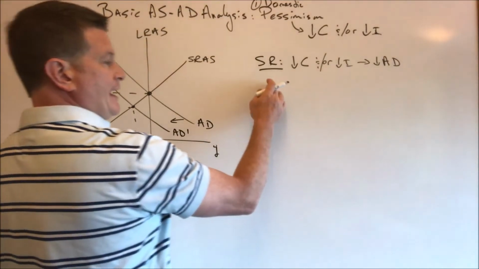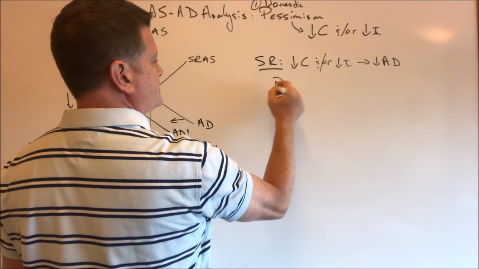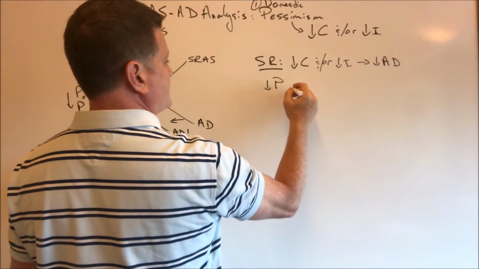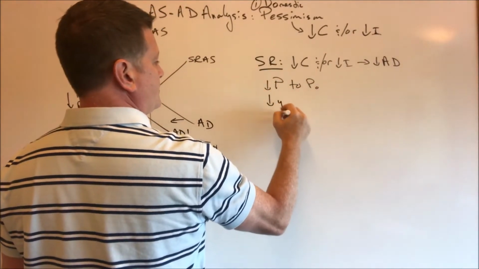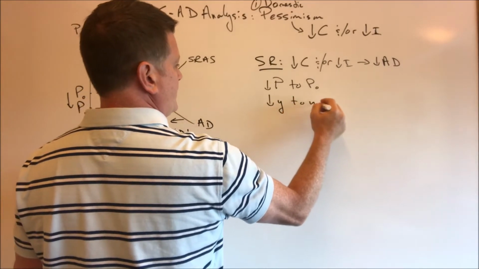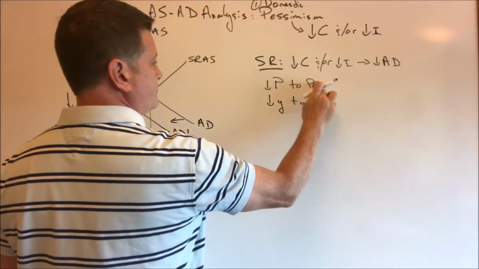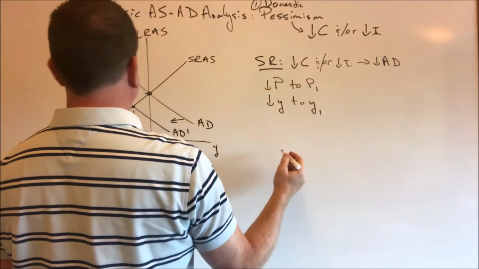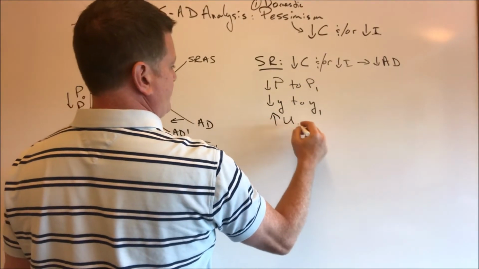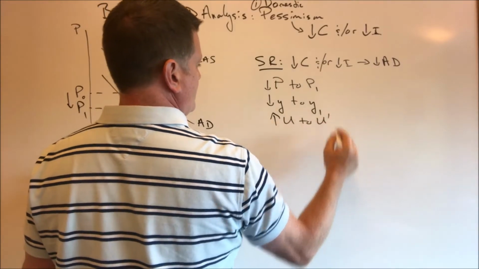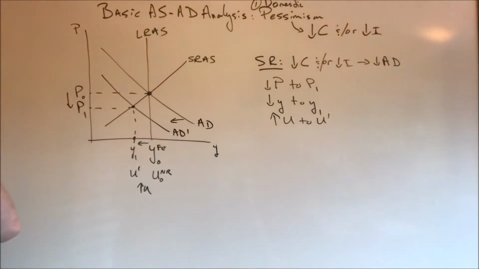So the short run answer, in my opinion, is a decline in the price level to P naught, a decline in real GDP to Y prime, and an increase in unemployment to U prime. Okay.